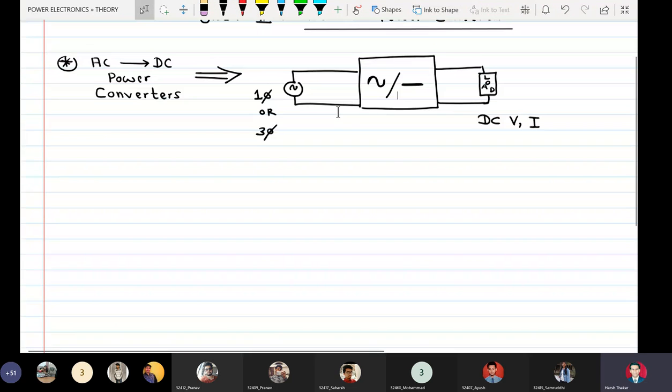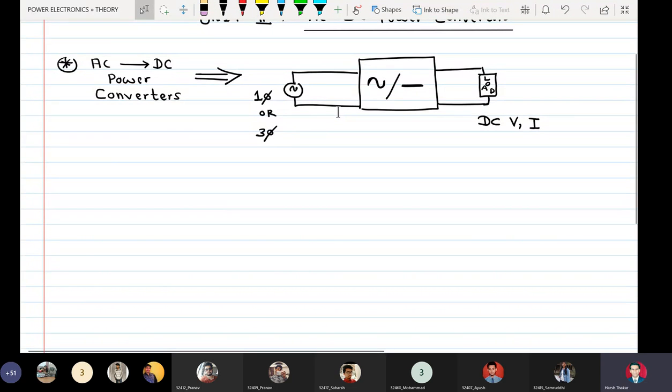Now at the input side, we need to have a pure AC signal, either single phase or three phase. At the output, there can be two possibilities: either it is any waveform which has a non-zero average content, or it can also be pure DC. So at the input, the compulsion is that it is a pure AC single phase or three phase. At the output, it can either be a pulsating DC or a pure DC.